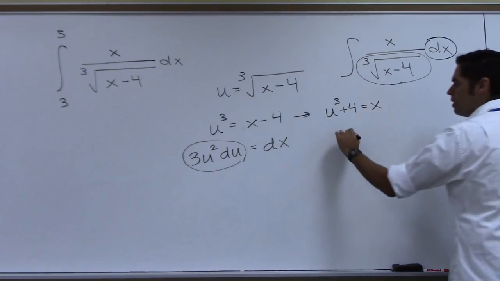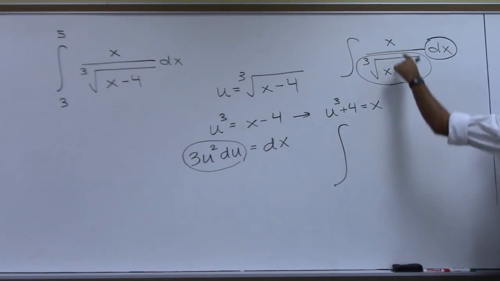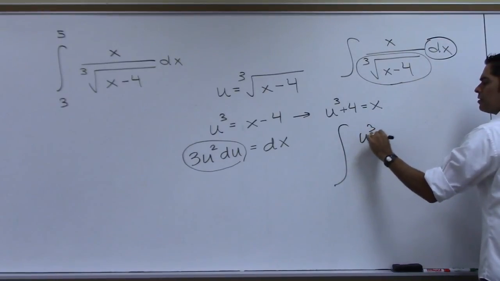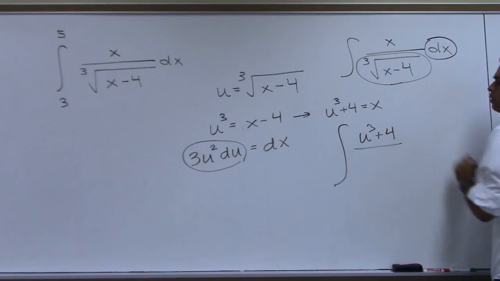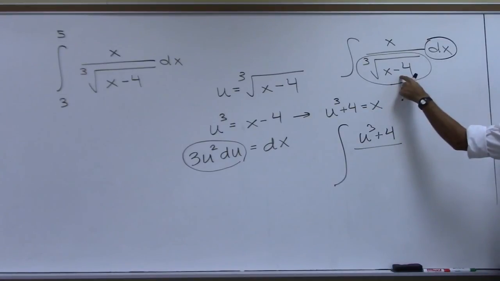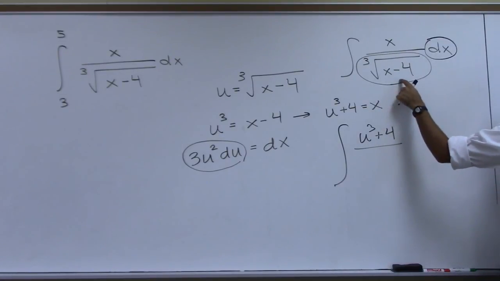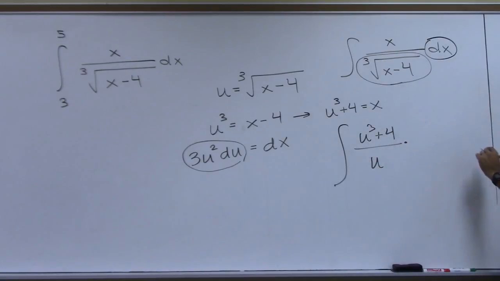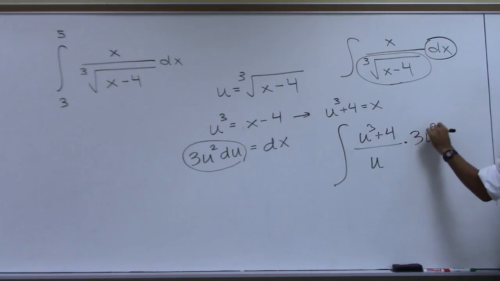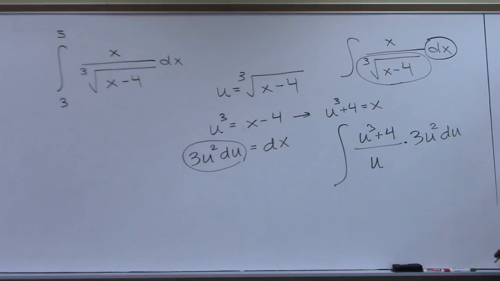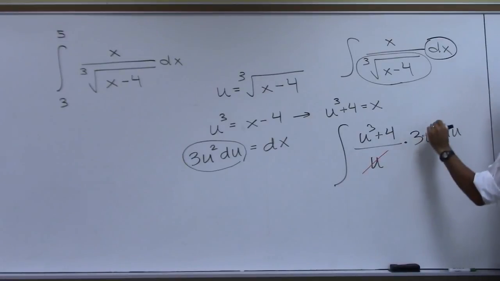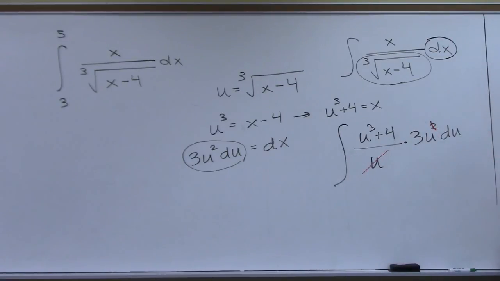So what would my new integral look like? I'd have x right here, which is u cubed plus 4, over what? Oh, this is just u, times dx, which is 3u squared du. One of the u's cancels with one factor there.